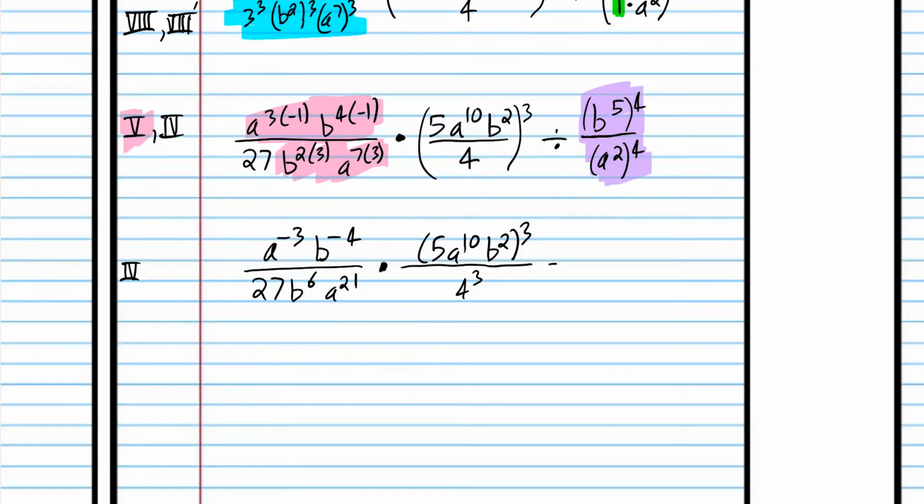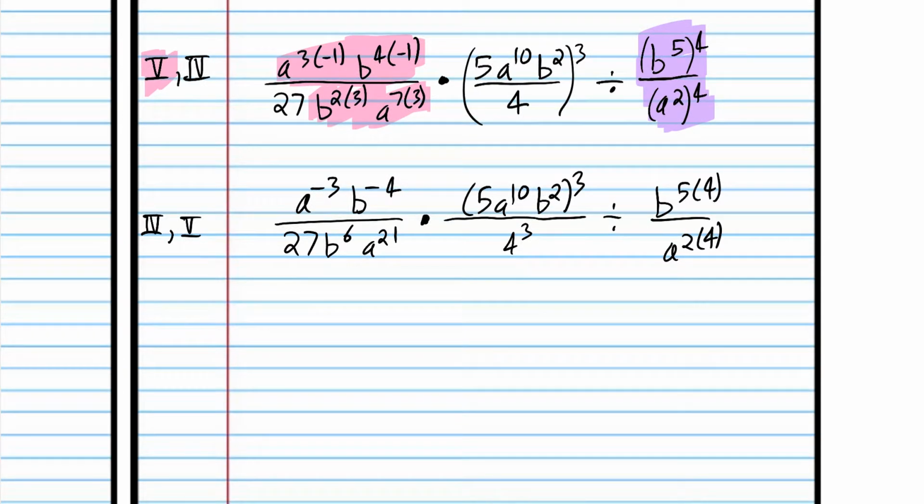Okay, so now we're going to use rule number 5 over here. Now we're going to use rule number 8 because we have these negative powers, so we can, actually no, we can just use rule number 2 to combine those. So rule number 2, we're dividing powers, so we have a to the negative 3 minus 21, b to the negative 4 minus 6, all over 27.